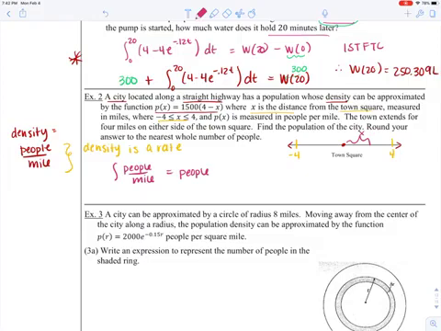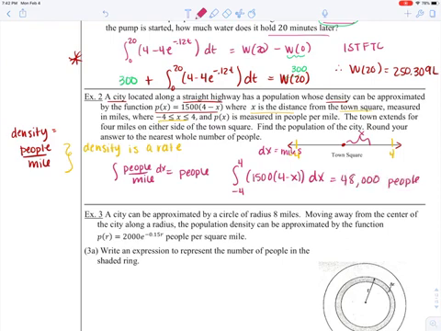Because dx is really with respect to miles. So we're going to take the integral from -4 to 4 of the rate 1500 times 4 minus x dx, throw it in our calculator, and should get about 48,000 people.